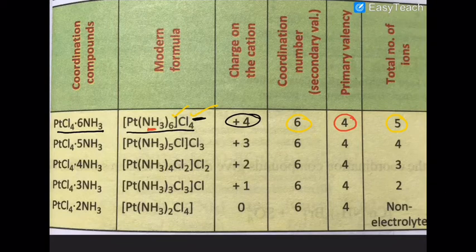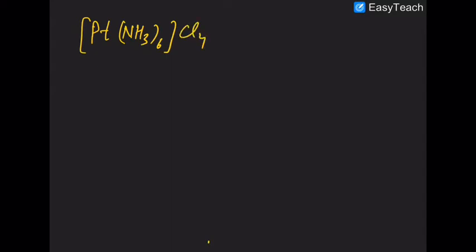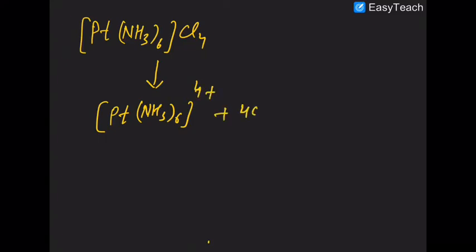Are you getting me or not? Let's see what I'm trying to say. Now you have a complex like that. If it is dissolved in water, this is what you will get. This is 1 cation and that is 4 anion.